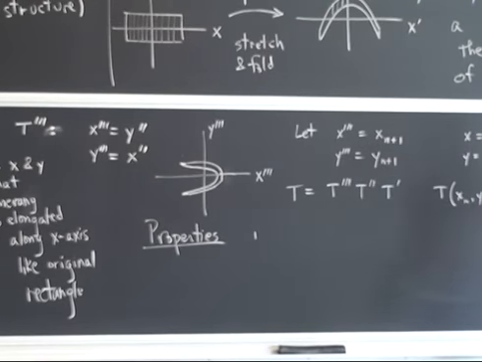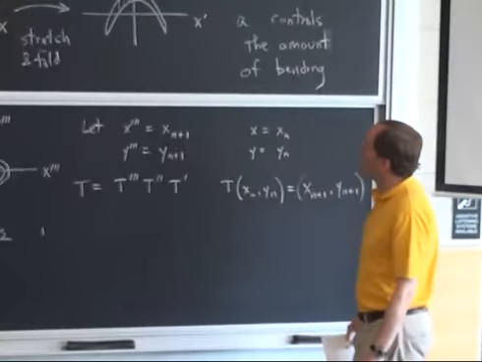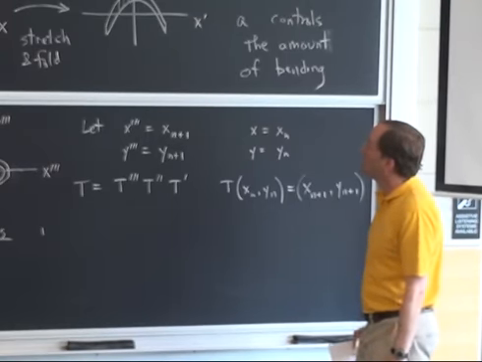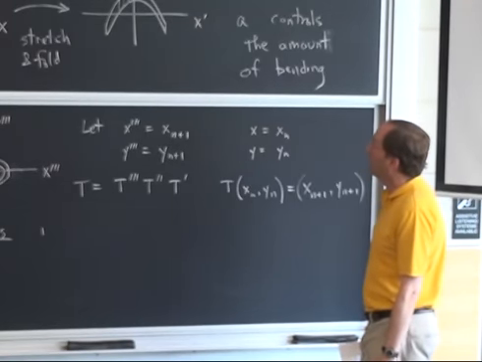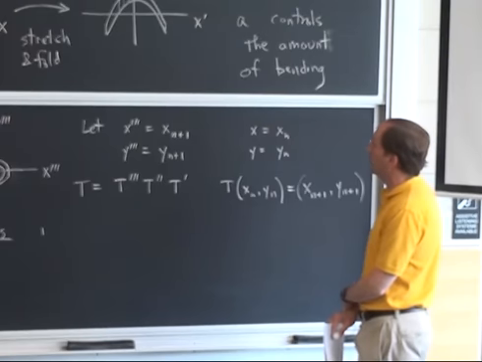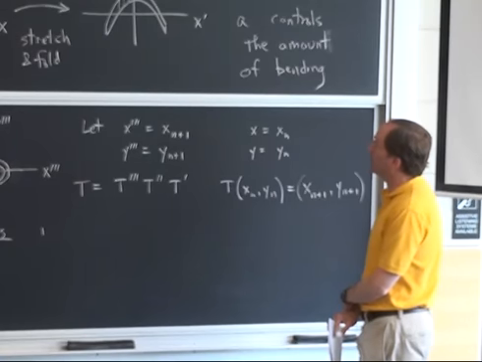Yes? I'm just curious why Hénon has the plus 1. Why the 1 in the first place? Okay, so the question is, why in the definition of the map does it say plus 1? It appears if we don't have that, then we have a fixed point at the origin.